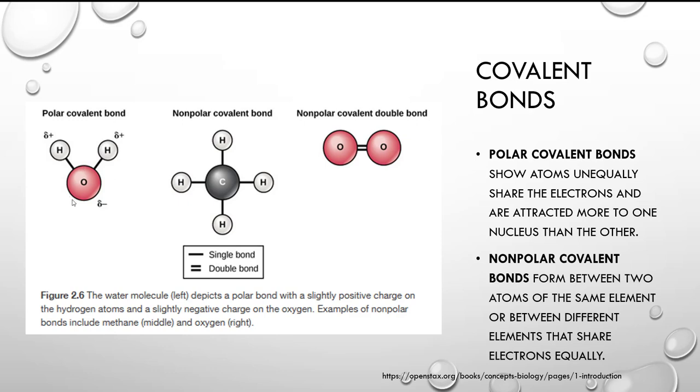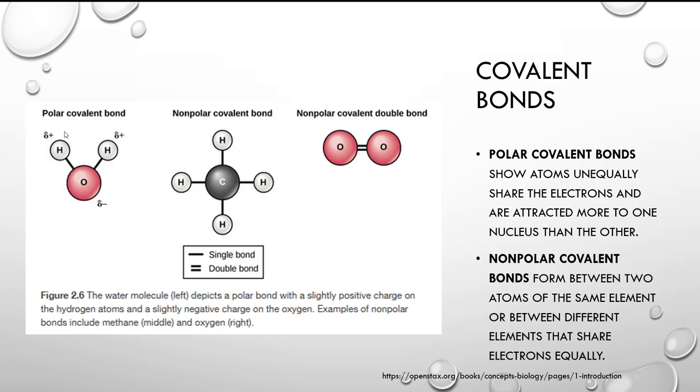So they're sharing 2 here, but because of oxygen's higher electronegativity, the extra hydrogen electron is going to more often be in oxygen's orbit. It'll occasionally go back into hydrogen, but it'll more often be in oxygen's orbit.